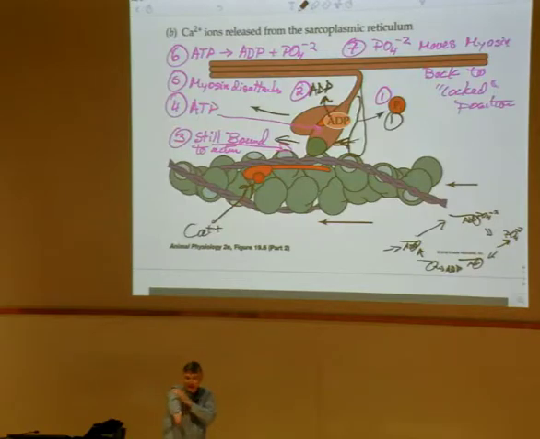But if there is one, they'll cycle through, pop free, and go back, as long as there's ATP. So if you could see them all going, it would be this crazy movement of all these different myosin heads at different locations, doing different things, but all helping to pull the two ends of the sarcomere together, to pull the actins together. Meg?